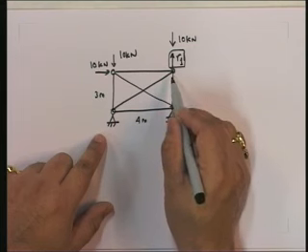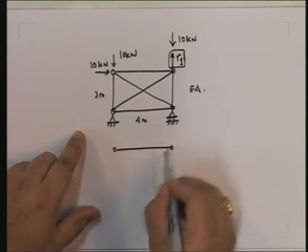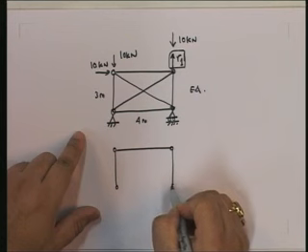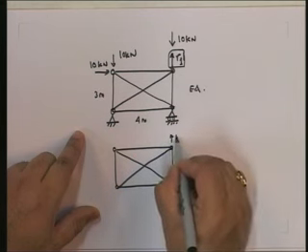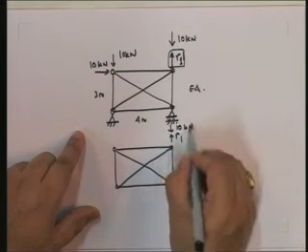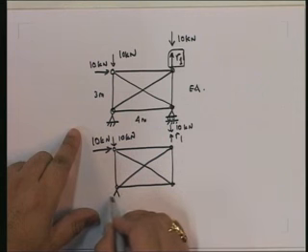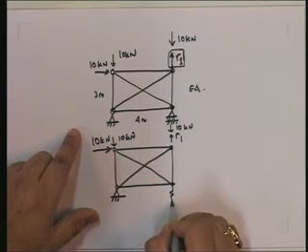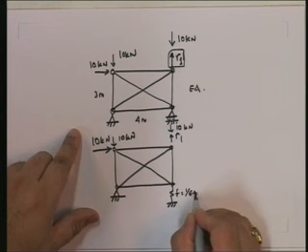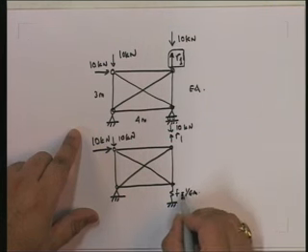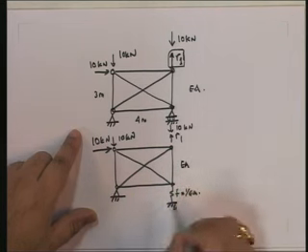All of these members have a flexural rigidity of EA, and I also want you to find out this displacement due to the same set of loads, excepting that the roller support is replaced by a spring whose flexibility constant is 1 upon EA, where EA is the flexibility of all the members.